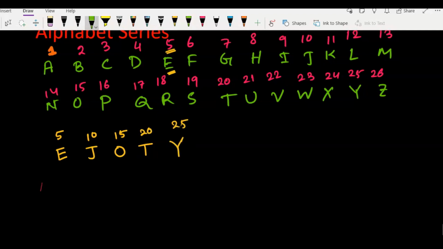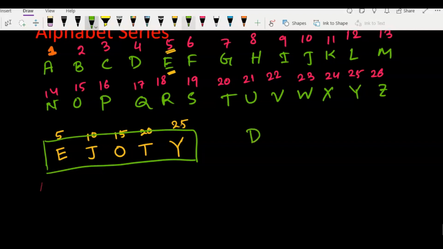So we have something called EJOTY. You can remember this EJOTY. With the help of this EJOTY, you can easily tell the place values of other letters.